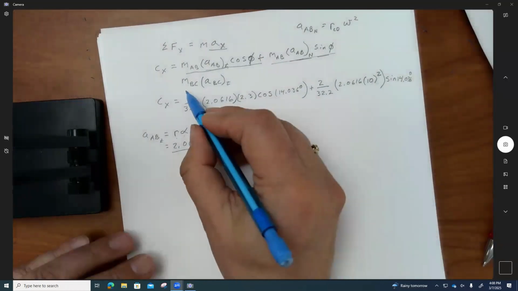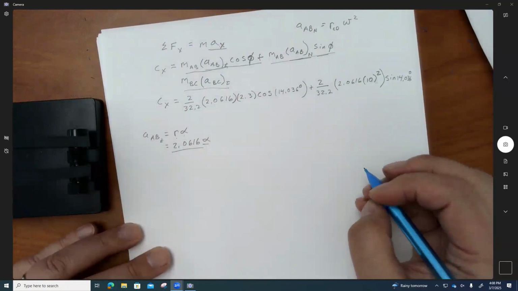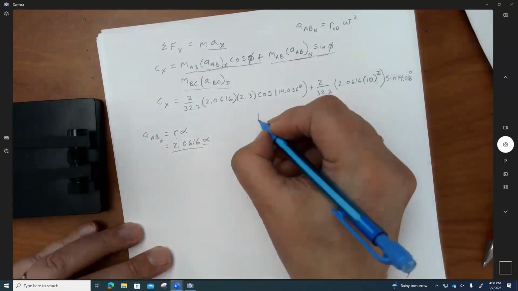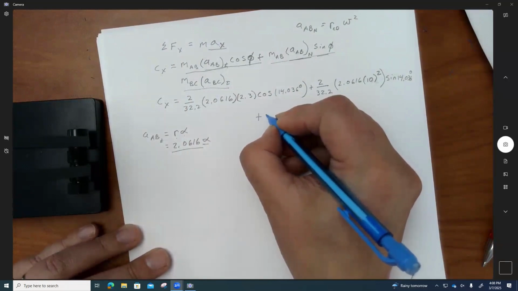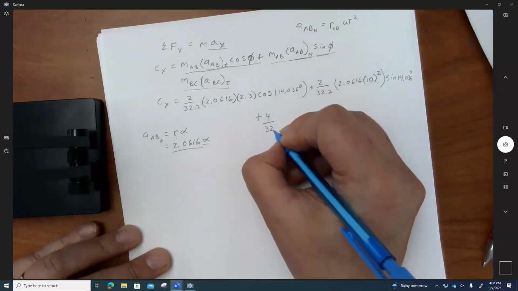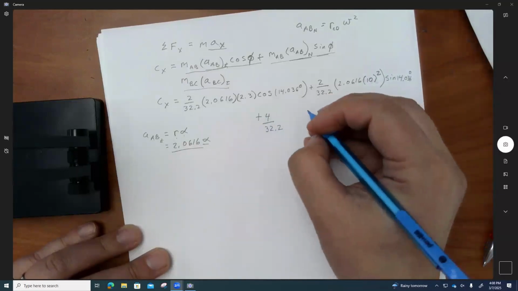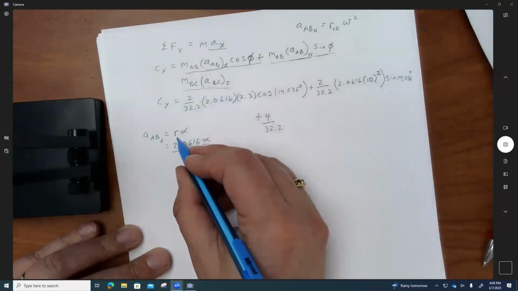Now we just have to deal with the tangential acceleration for the segment BC. So add that in. Mass of BC is going to be equal to 4 divided by 32.2. And we have our tangential component, so we have a different R component.